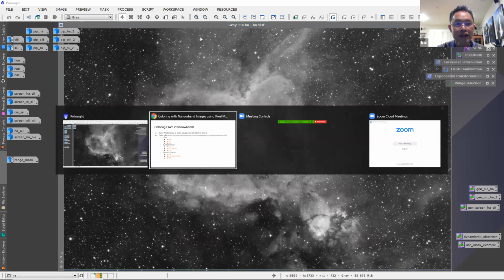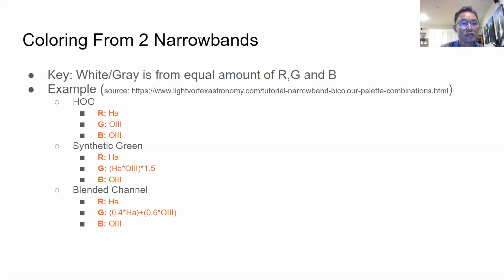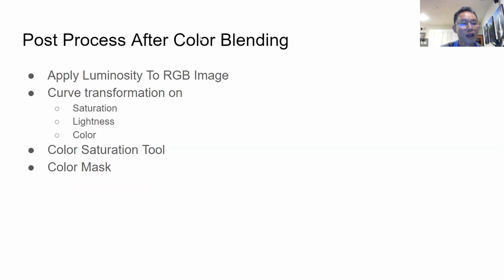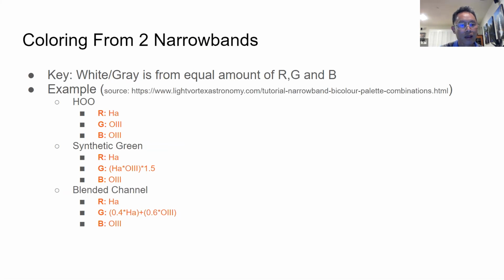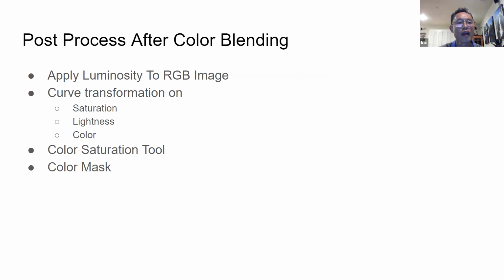All right, so now that I've given you an idea of what I did before. Typically, after processing, there is a whole bunch of post-processing that can make it look even better. If you're into color processing, you can add luminosity to RGB to make the detail pop even more.